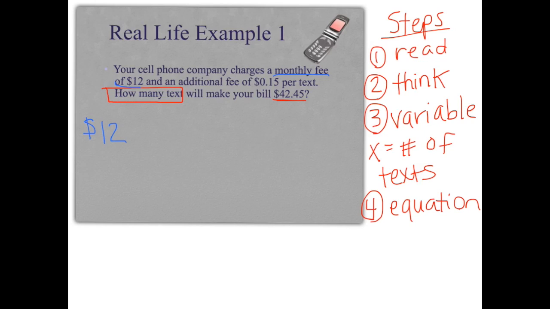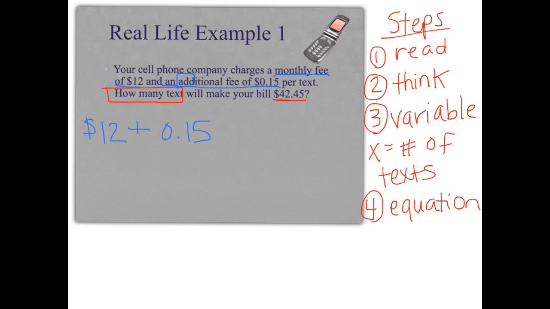What else are we going to have? We're going to have an additional fee of 15 cents. Additional has the word add in it, so that lets us know that we're going to add 15 cents per text. Now, this is the biggest problem I have. People do not know where to insert the variable.